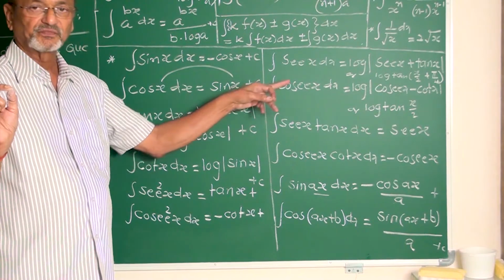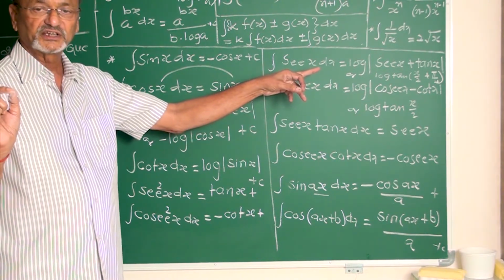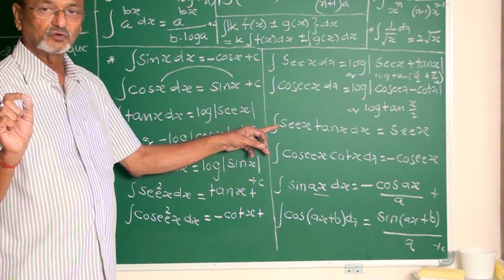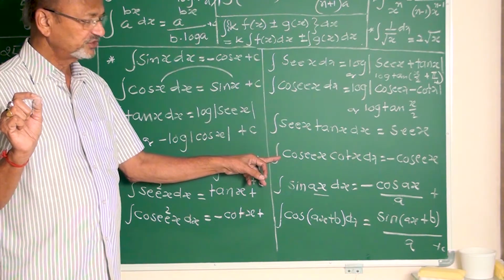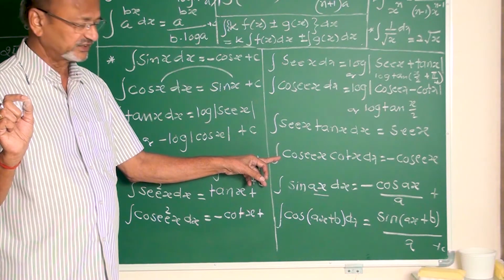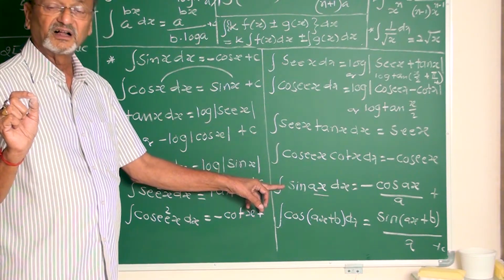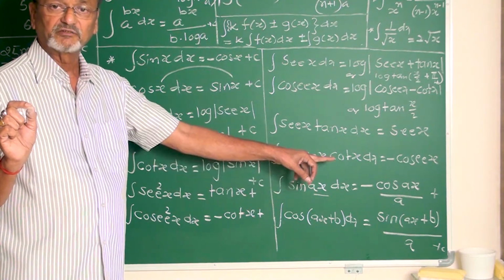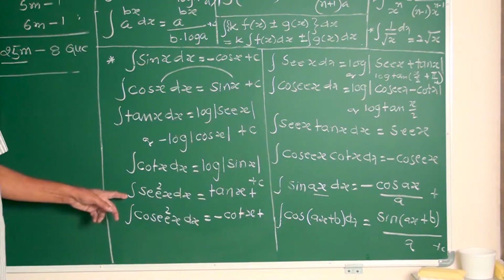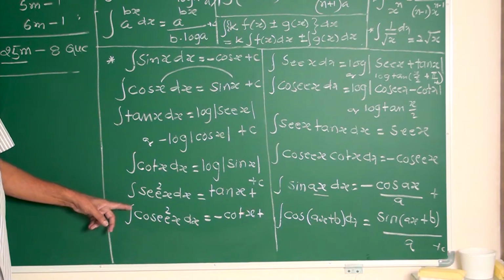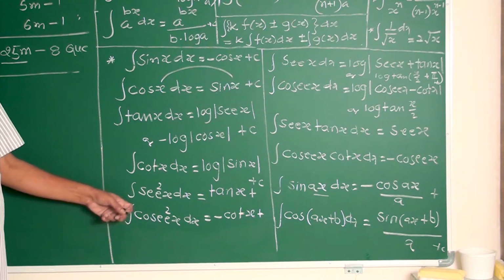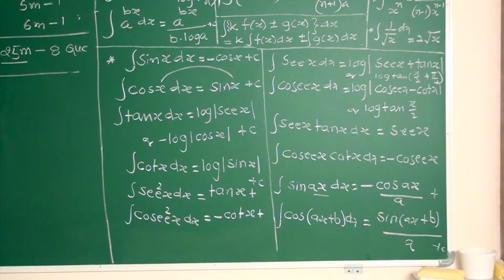Cosec x is log cosec x minus cot x or log tan x by 2. Sec into tan is sec x, cosec into cot is minus cosec x. If the angle is other than x, divide by the coefficient. Integral of sec square is tan, cosec square is minus cot x.